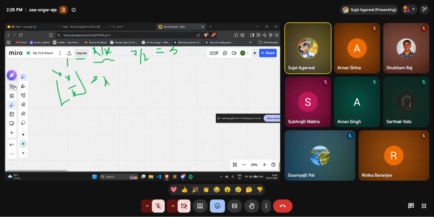So we need to look for the variable y. What this means is y is something greater than or equal to x into k. Y is x into k plus r. This r can vary between 0 to k minus 1.